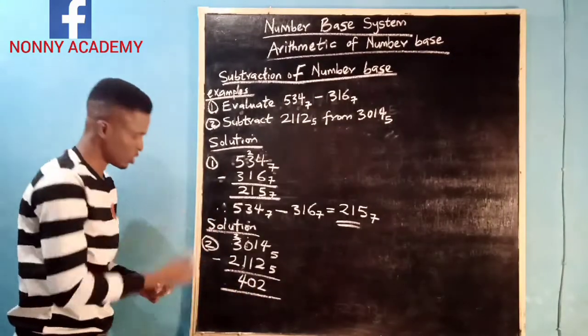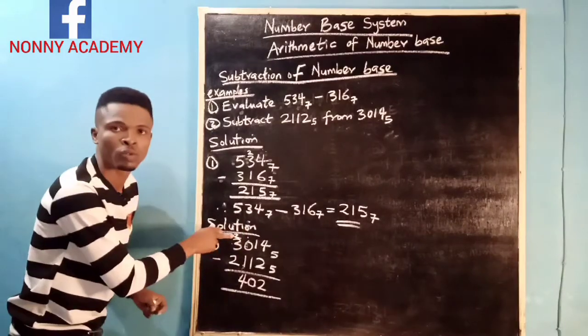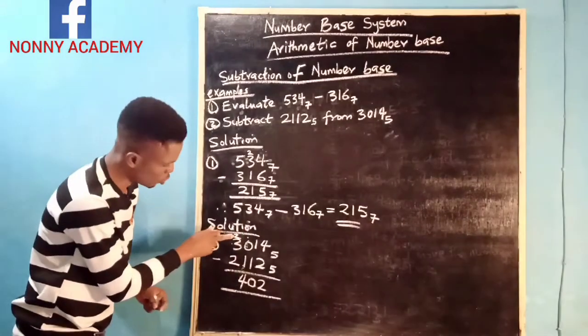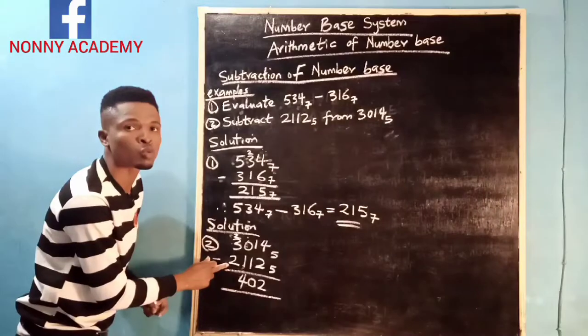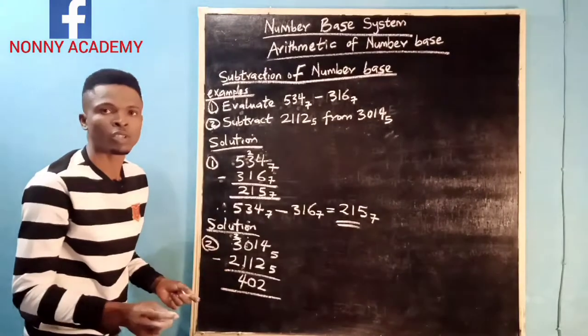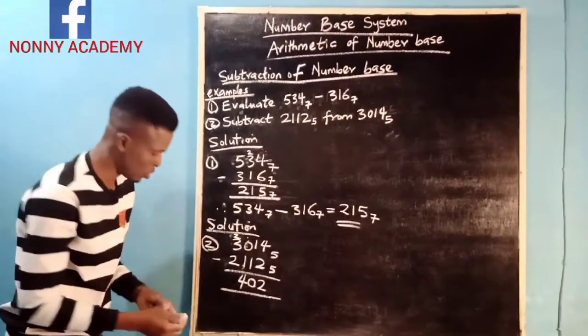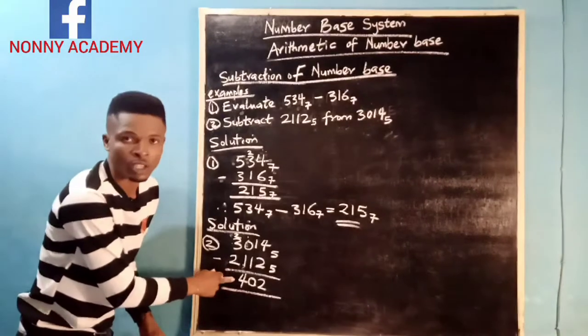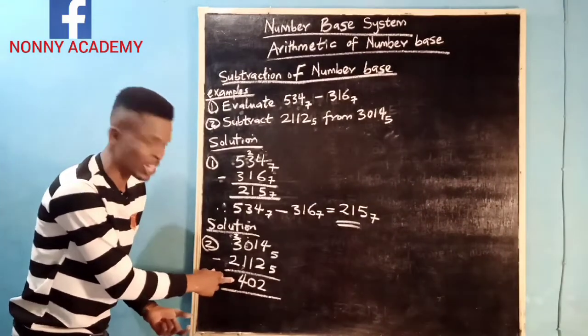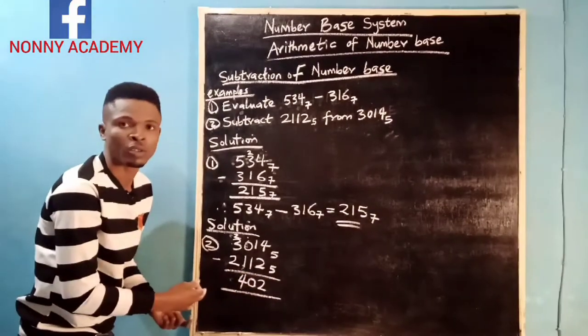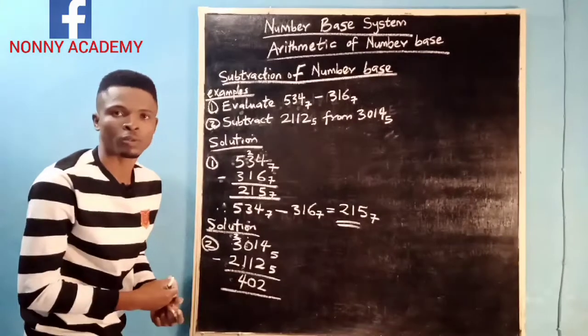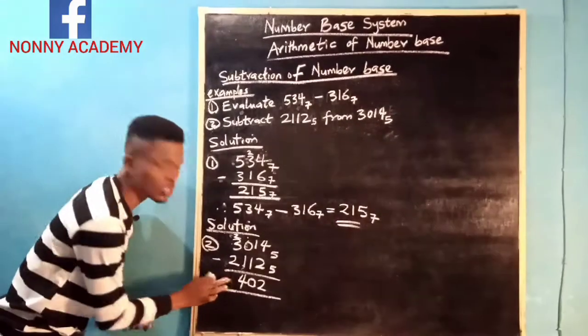I'll move to the next digit. So the next digit here, this one is 2. 3 now is remaining 2. So I'll say 2 minus 2, which is 0. Since 2 minus 2 gives me 0, I'm supposed to put 0 here. But in maths, there's nothing like 0402. A number does not start with 0. So instead, I will leave this like this.